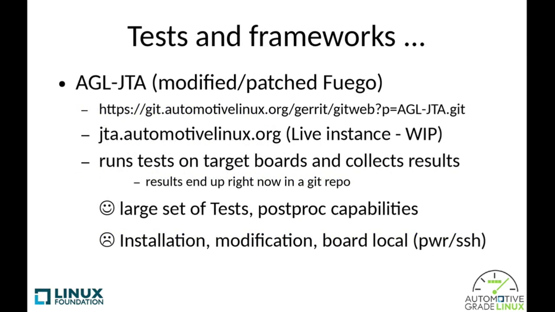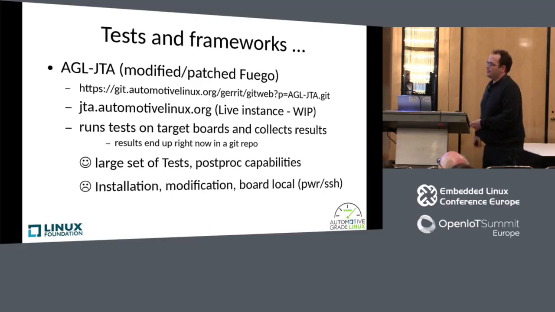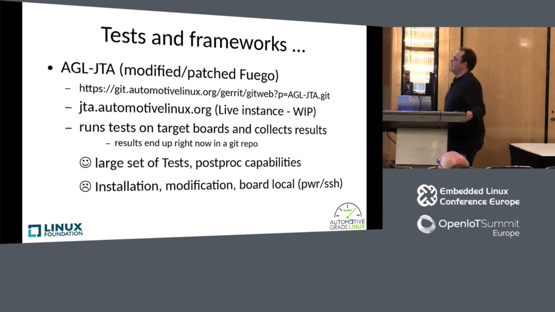Yeah. So what tests and frameworks do we use? We use AGL-JTA, which is in principle a modified Fuego. And we modified it to run tests on one of our reference boards, the Porter. And we are building up the whole chain.